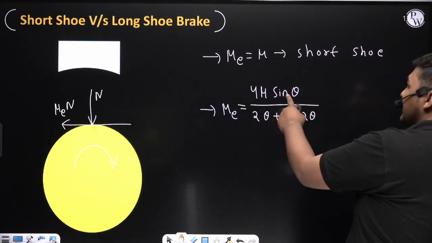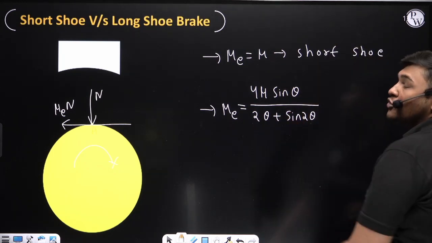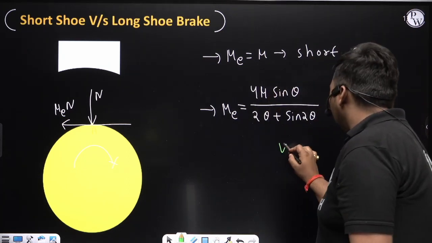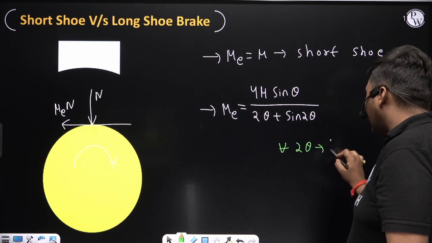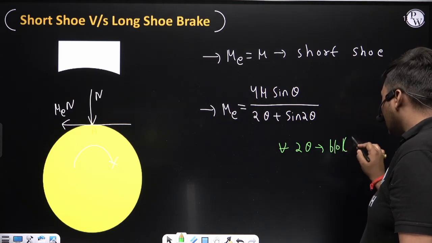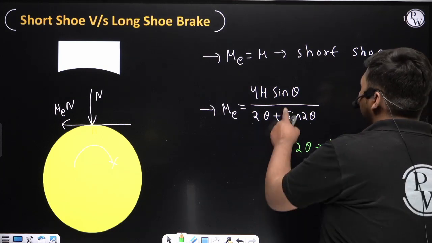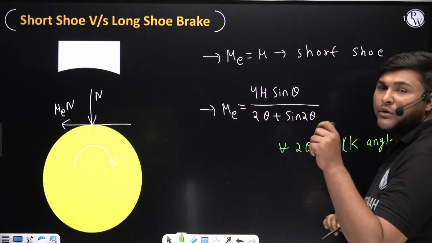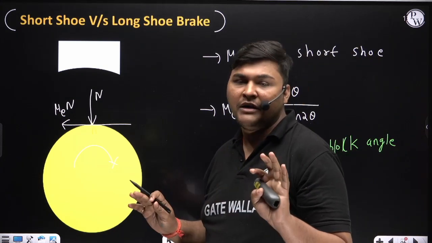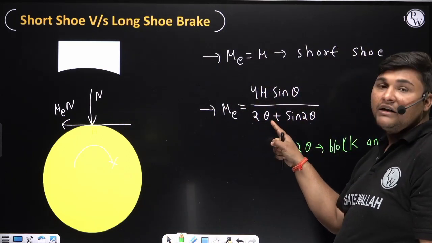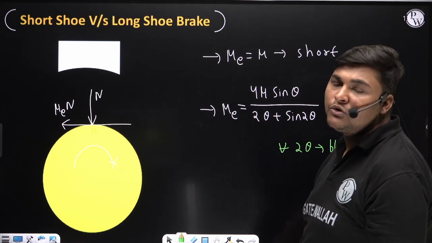Here sine theta is in the numerator, and sine 2 theta is in the denominator, where 2 theta is the block angle. Put the block angle in radian, not in degree. Why, sir? Whenever the angle is inside sine or cos, whether you put it in degree or radian, it will not matter. But if the angle is outside, it must be in radian. So here put 2 theta in radian.